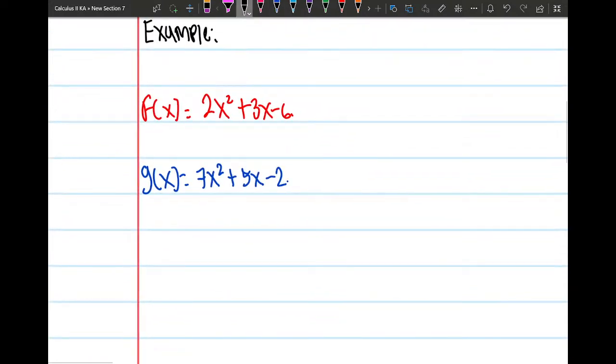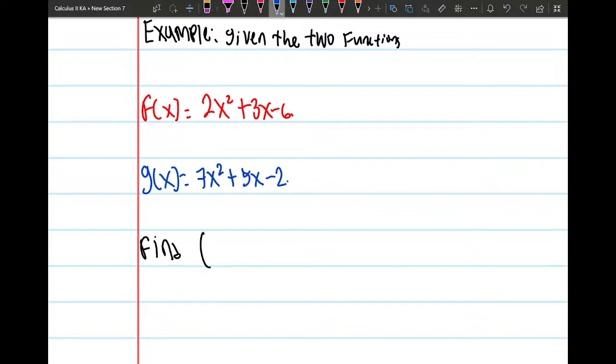Given the two functions, f of x equals this and g of x equals that, let's find f plus g of x.